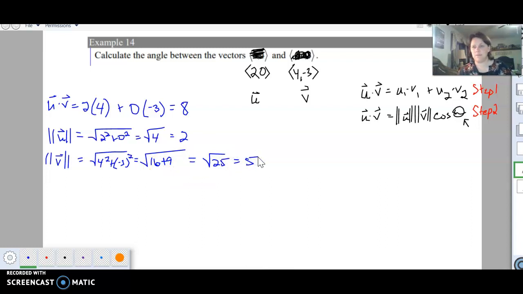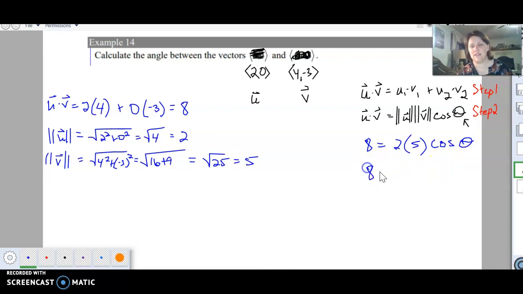Okay, so now do we have everything we need? I think we've got everything we need now. So we can plug all of that information into our second formula here. So our dot product was equal to 8. Magnitude of u was equal to 2. Magnitude of v was equal to 5. And then we had cosine of theta.